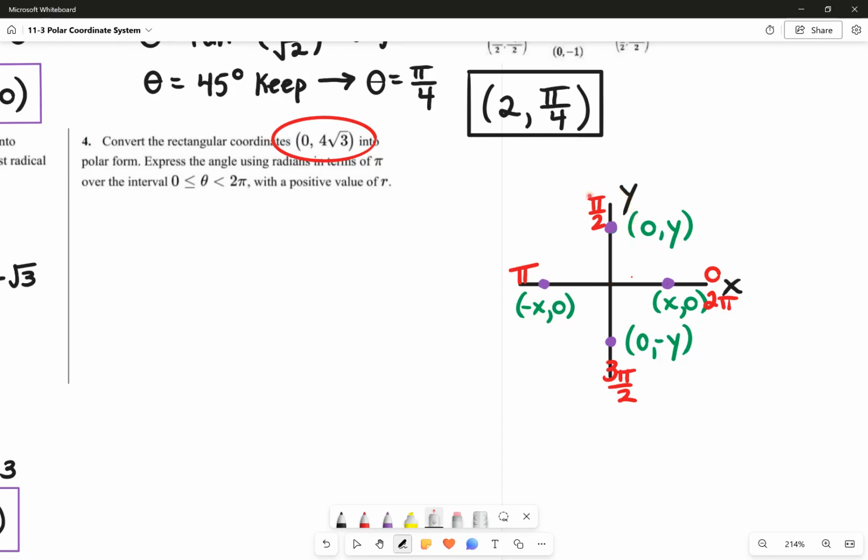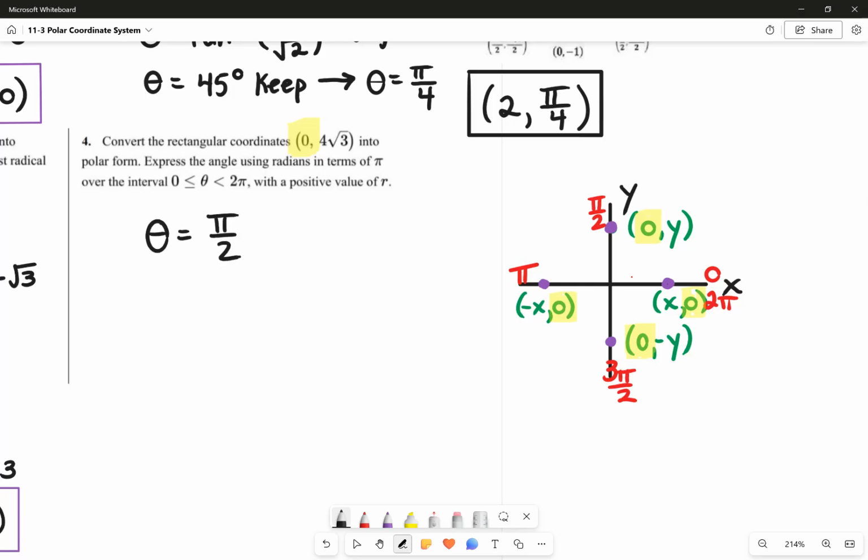It's pi over 2. So when you have rectangular coordinates that have a 0 in it, just know that you already know what the angle is. It's one of those 4. So 0 comma 4 square root of 3 has an angle theta of pi over 2.